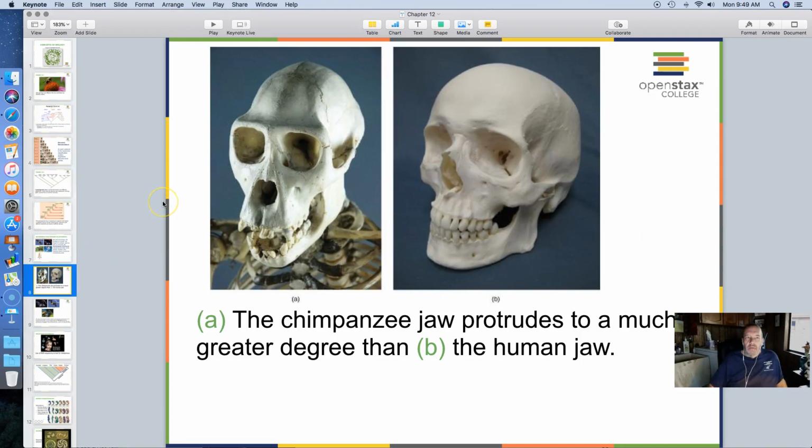We can look at the skull of a human versus a chimpanzee, and we can see that there are some similarities. Generally speaking, we've got forward-facing eyes. We've got similar types of jaws, although the jaw on the chimpanzee protrudes a lot more.